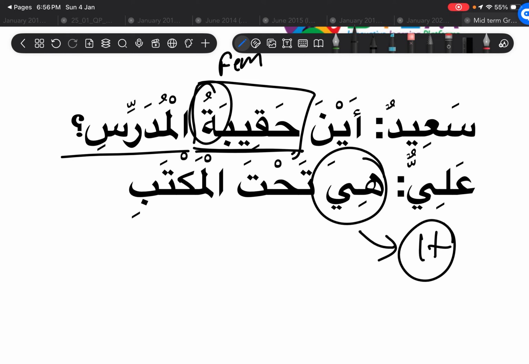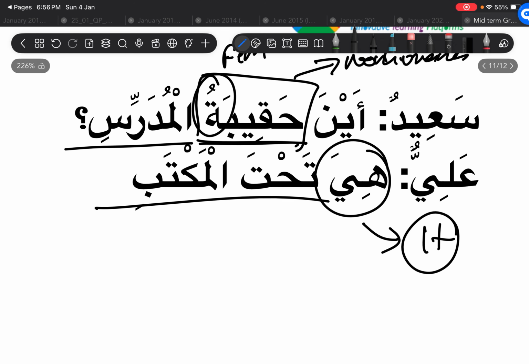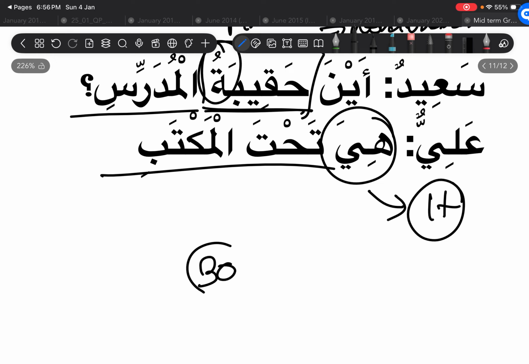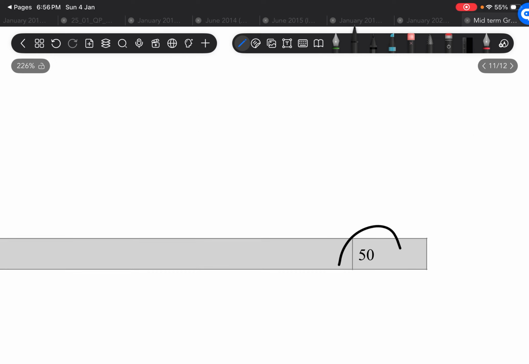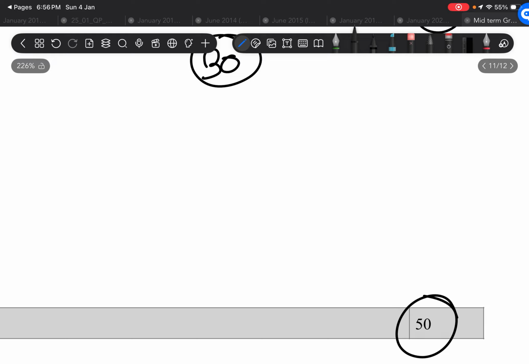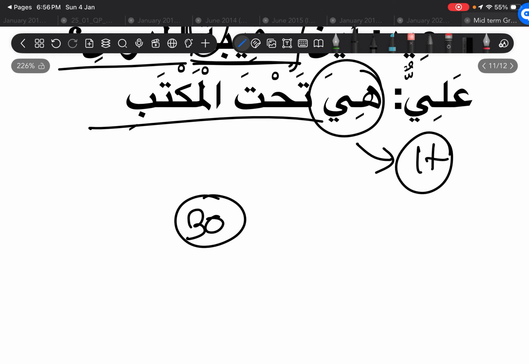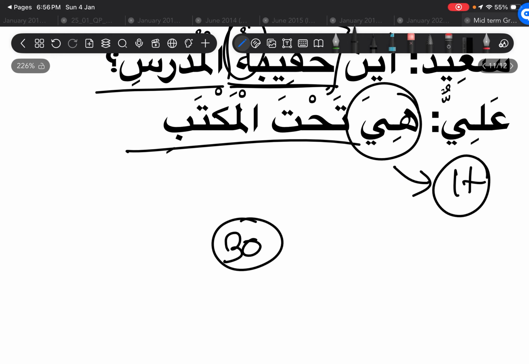It means it, because the word hakiba is non-human. تحت المكتب. It is under the table. This translation was a long 30 marks out of 50. Few of you got it right, which was at least reassuring. Many of you got these simple translations wrong, which shows we need to do more studying.